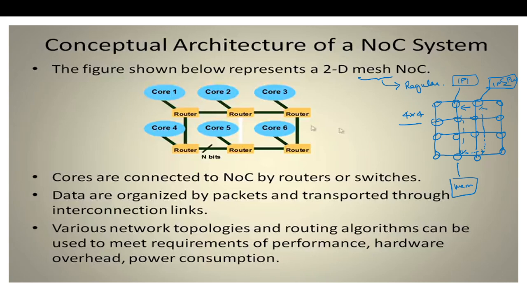We do have other types of architecture other than mesh. Now every router will have n bit width, and every router is attached to a particular core. The router has a connection at the top, at the right, at the bottom, at the left, and is attached to a core.